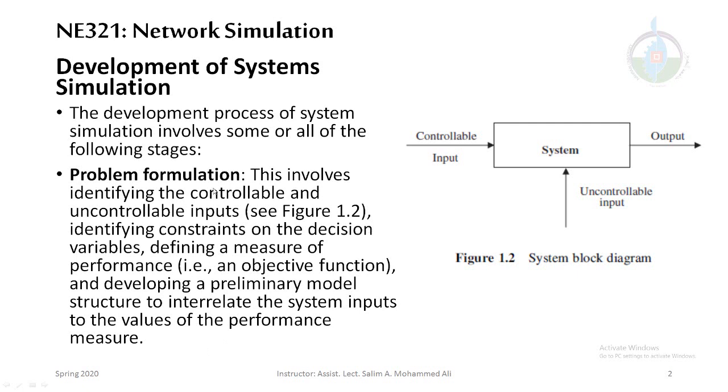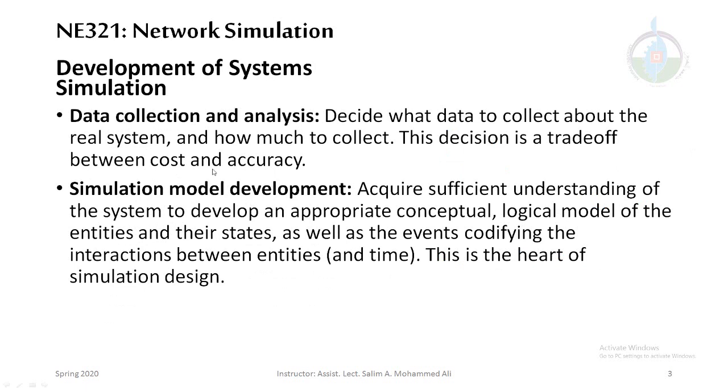There's no deep explanation we have to do with it. Just understand that any simulation system has its inputs. Some of the inputs are controllable, some of the inputs are not controllable. That's it.